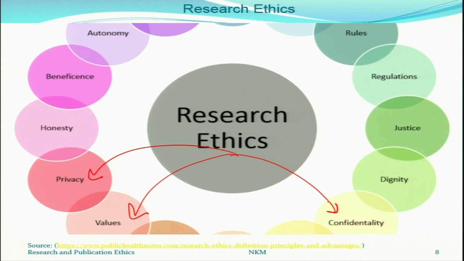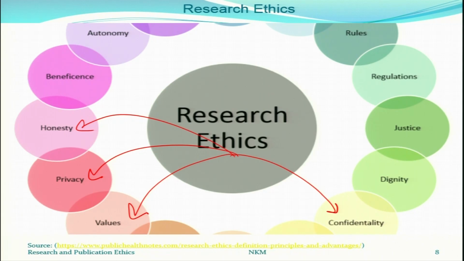Confidentiality you maintain unless the research is published and open to the public, to all the researchers in the research community. You have to maintain the confidentiality of the experiments and the peer review procedure, the communication between the reviewer, author and editor. It requires confidentiality as a value. And then you must also value honesty.